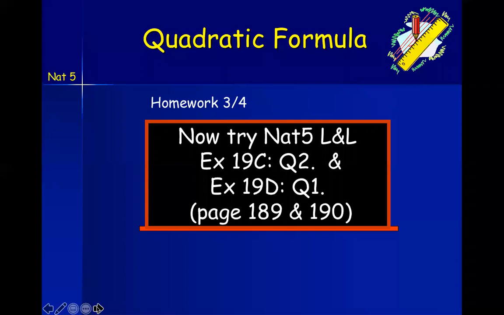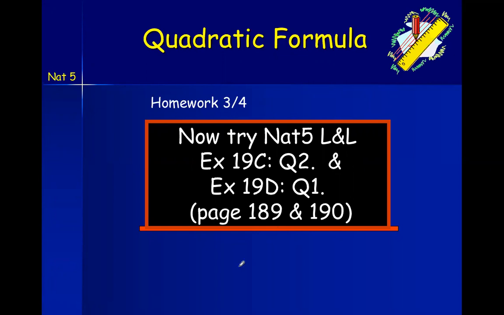Okay. So to practice these, basically it's just practice, making sure that you can use your calculator. So you've got 19C question 2 and 19D question 1.